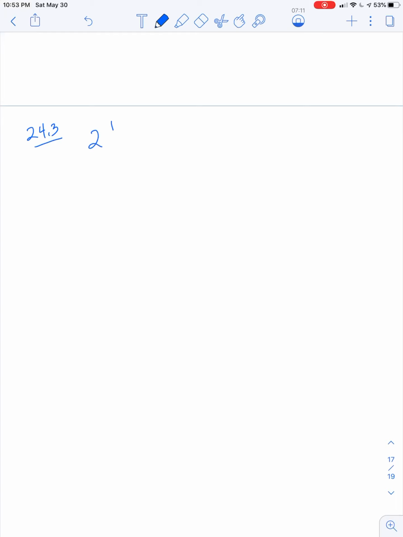24.3 has 2 1/4 x is equal to 3. And in this case, they want us to use both of these. I think we get to choose what we want to do. So what I would do in this one, I have a mixed number here, so I would bring this down and make it an improper fraction.